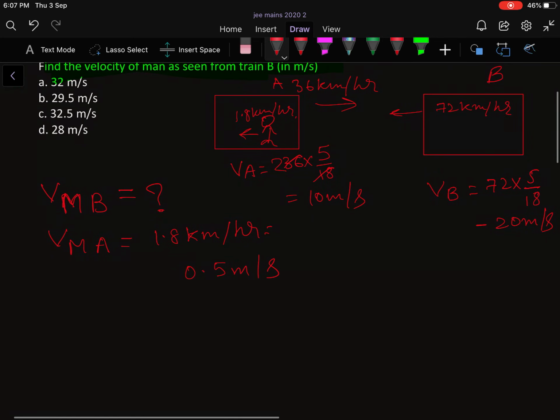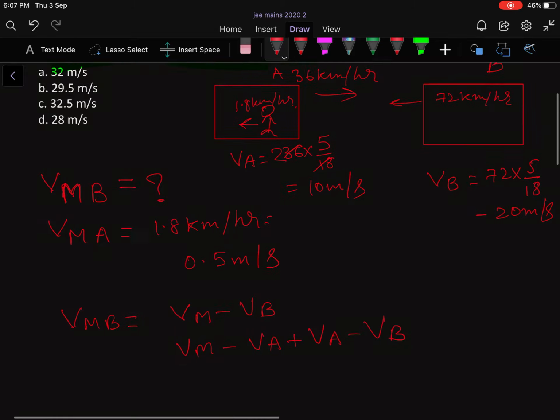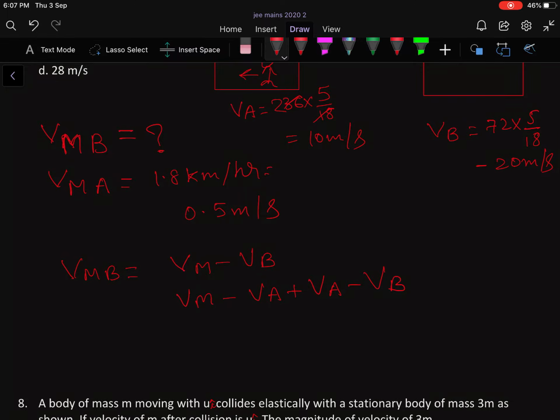Just do it, you will get it. And we have to find VMB. So we can write it as VM minus VB, or VM minus VA plus VA minus VB. I am just adding VA and subtracting VA, it will not affect anything mathematically.